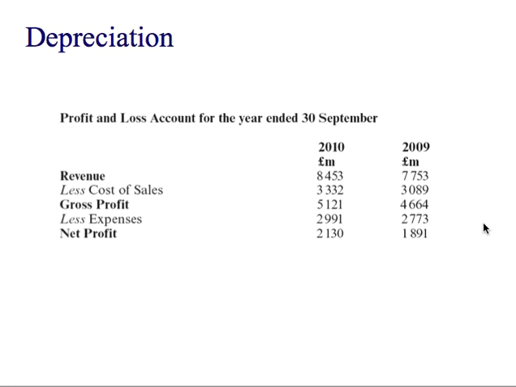So depreciation, when it's on a profit and loss, and it would come under expenses or overheads, is to spread out the value of an asset over its useful life, so that you're more accurately representing the cost to the business. So you're not representing when the money actually left the bank account and paid for the building of the new building, but you're more accurately representing, well, how was this revenue up here generated?